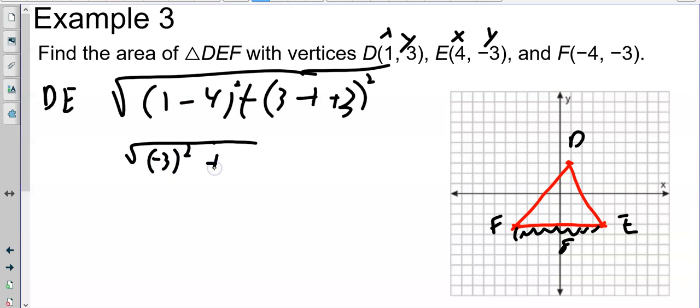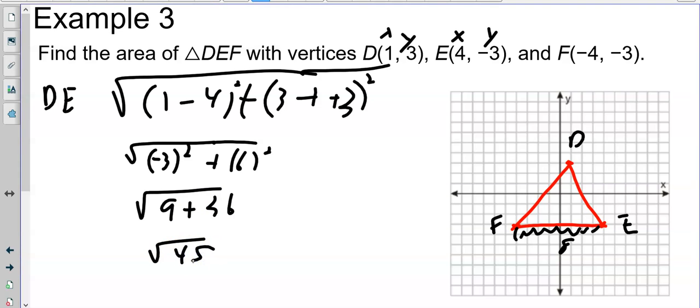And then again, 3 plus 3 is 6, and we're going to square it. So that's going to give me 9 plus 36, which is the square root of 45. So we're going to put the square root of 45 in our calculators and get approximately 6.7. So this is 6.7 right here.